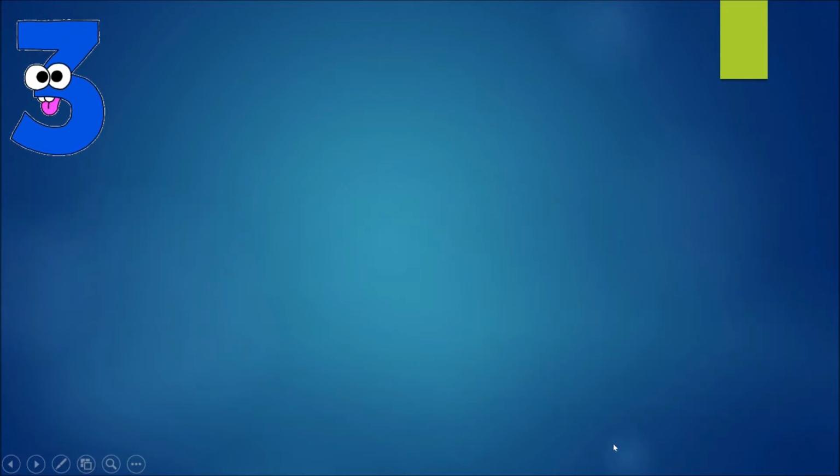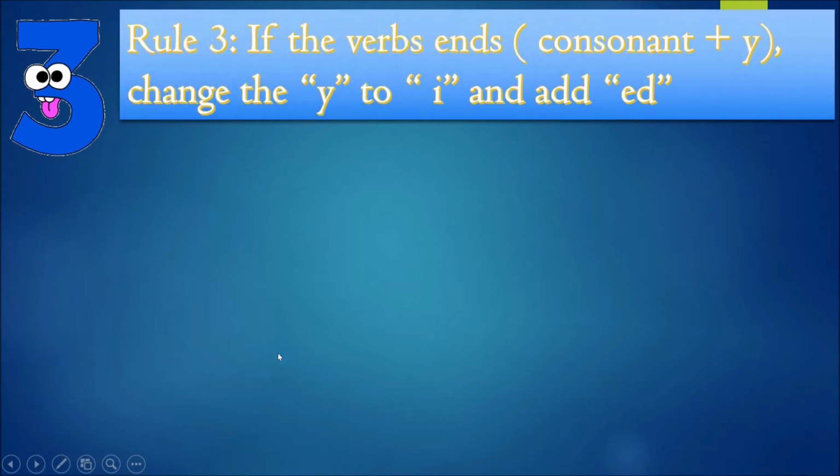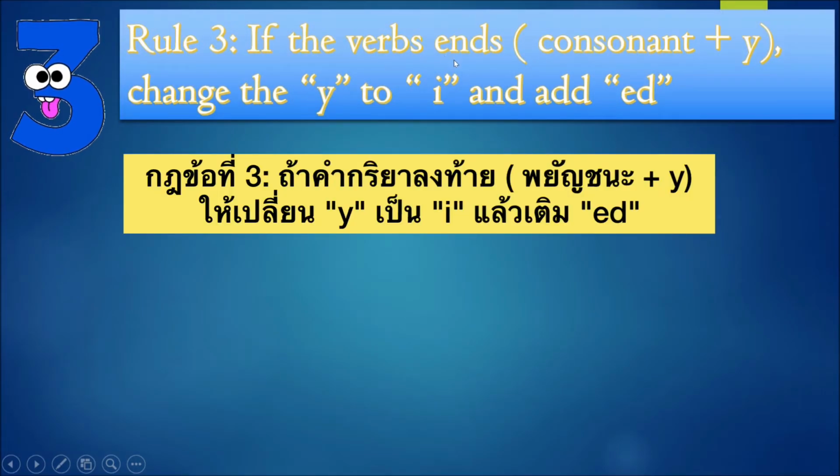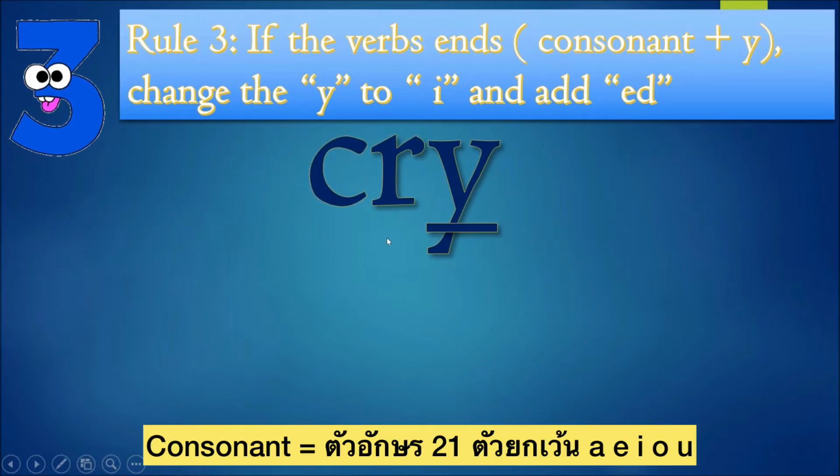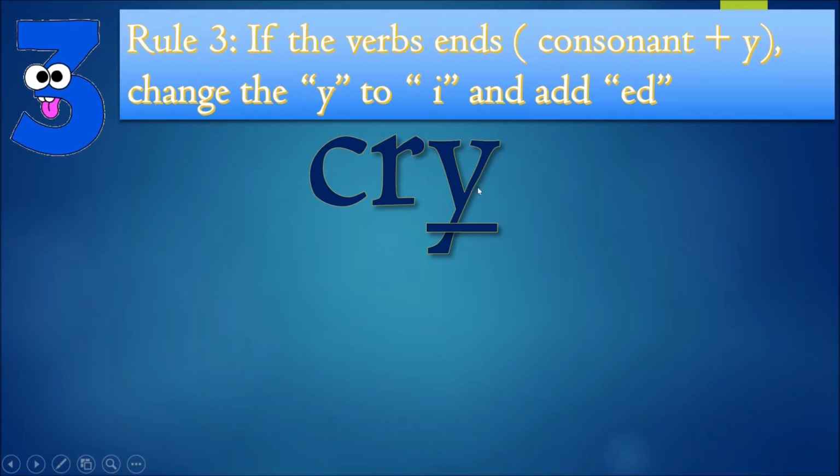Next, rule number 3: if the verb ends with consonant plus y, change the y to I and add ed. So if the word ends with a consonant and y, okay?